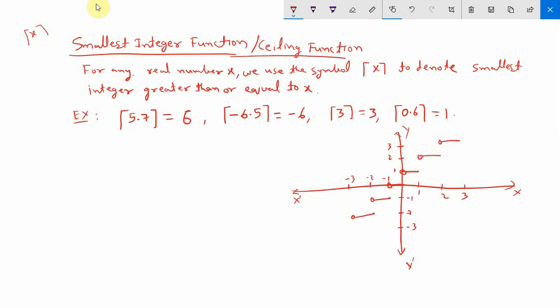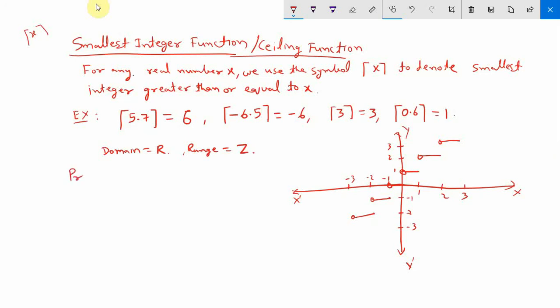Okay friends, so this is the representation of the smallest integer function on a graph. So what is the domain and range in this case? Here also the domain will be all real numbers and the range is the set of all integers, so range is equal to Z.